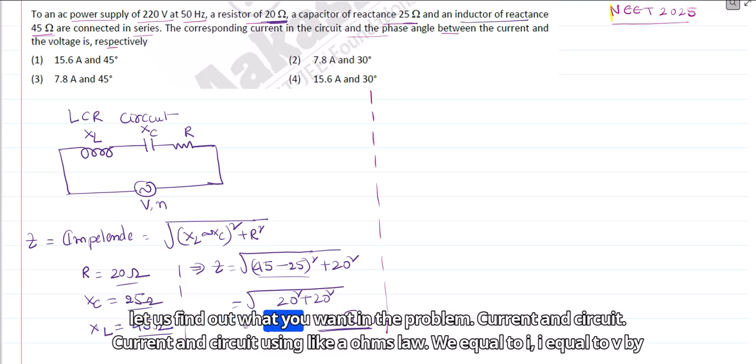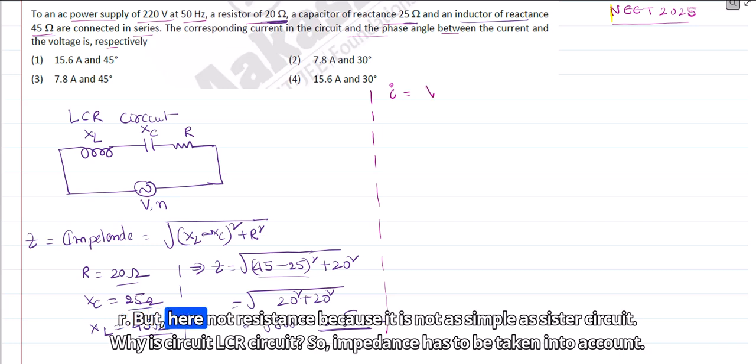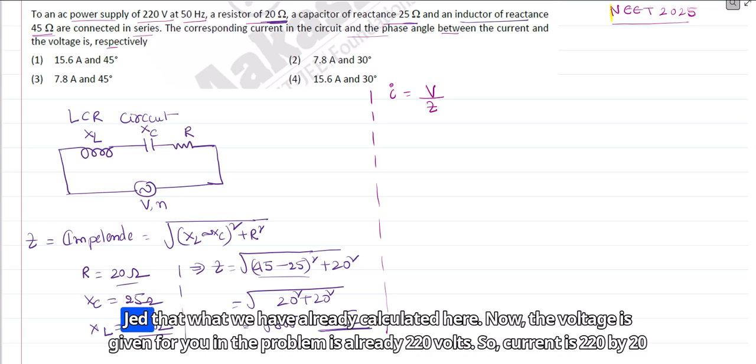Now let's find out what you want in the problem: the current in the circuit. Using Ohm's law, V equals IR, I equals V by R. But here not resistance, because it's not a simple resistor circuit. In an AC circuit, an LCR circuit, impedance has to be taken into account, Z, which we have already calculated. The voltage given in the problem is 220 volts.